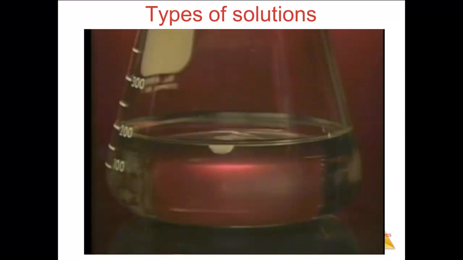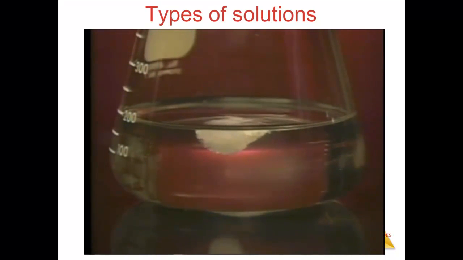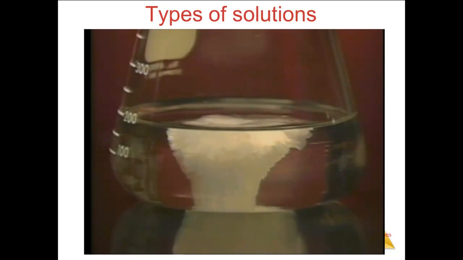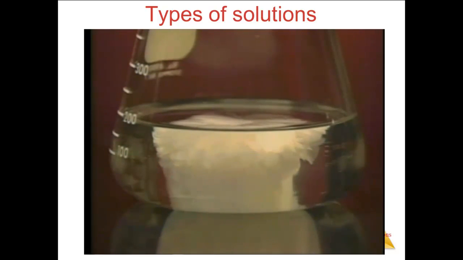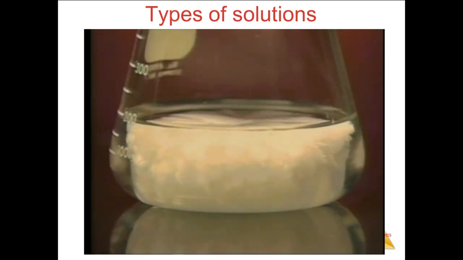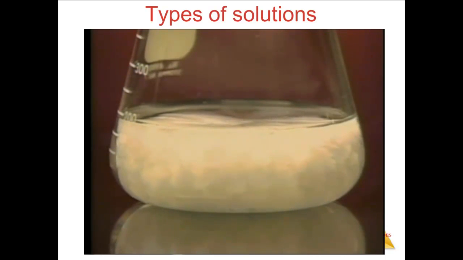Here is the process again in slow motion. The movie clip shows the addition of a crystal of sodium acetate to a solution of sodium acetate. It produces a large amount of solid sodium acetate.